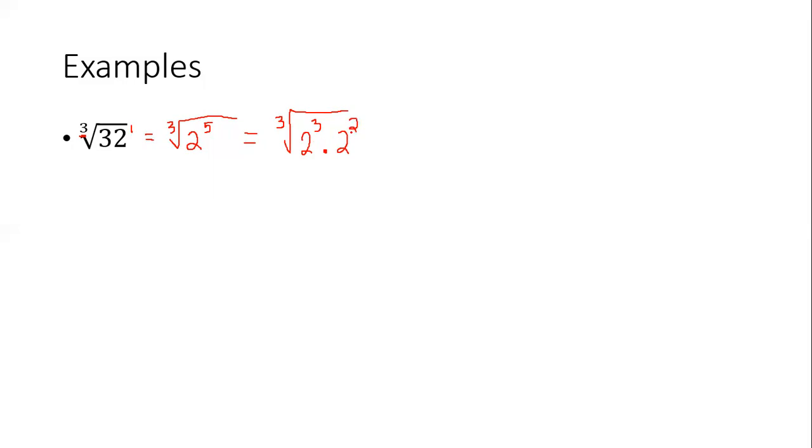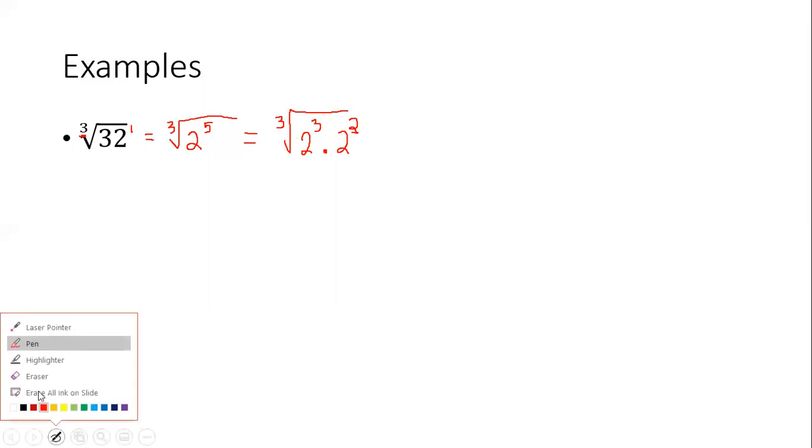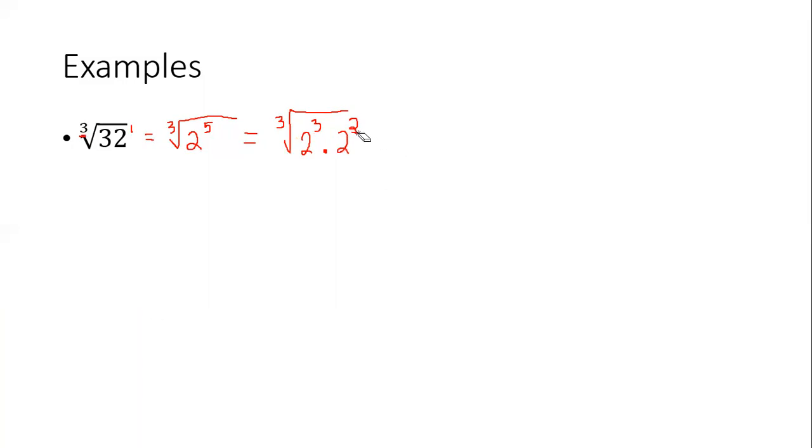Siyempre, yung 2 ay mas maliit na po kesa doon sa 3. Mas maliit na po yan kesa doon sa ating index. So, na-satisfy na siya. Pero ito, hindi pa.